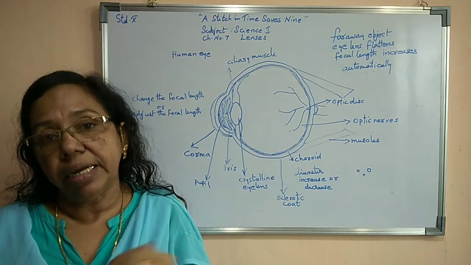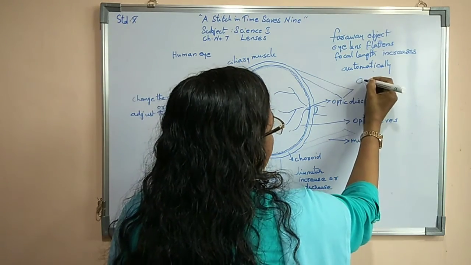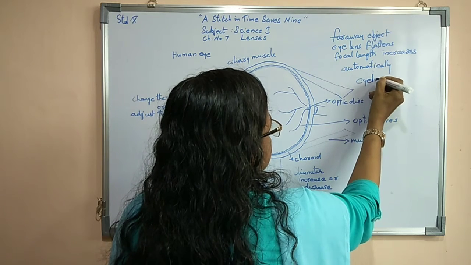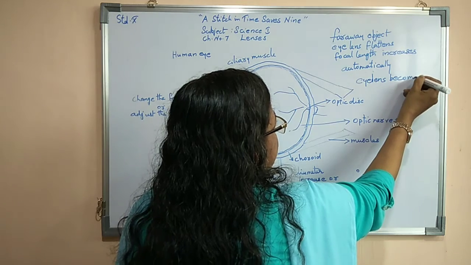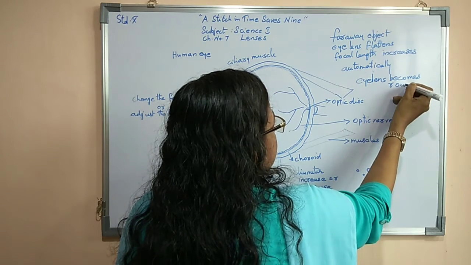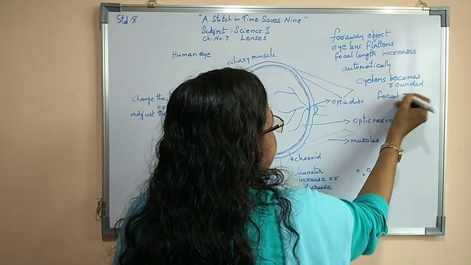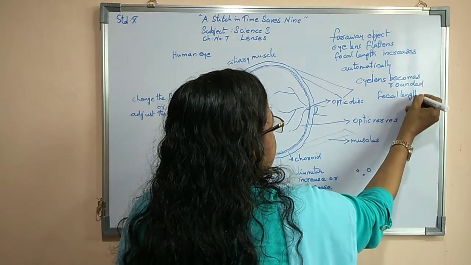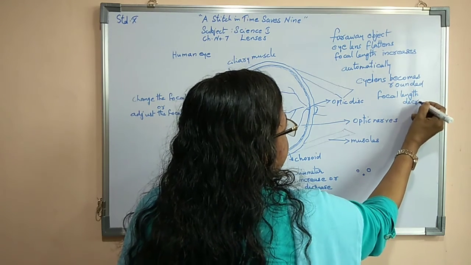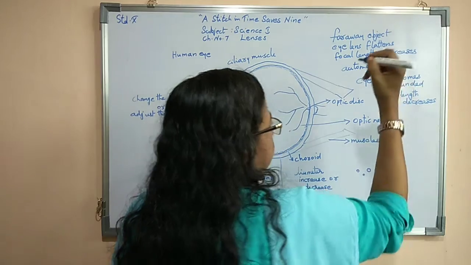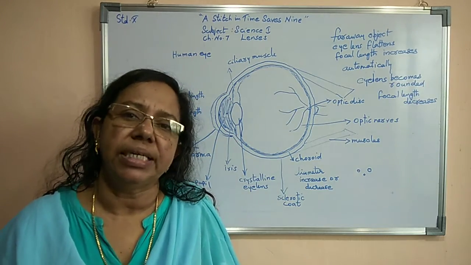If it wants to see the nearby object, at that particular time the eye lens becomes rounded. As a result of it, the focal length decreases. As a result of it, it is able to see the nearby object clearly.